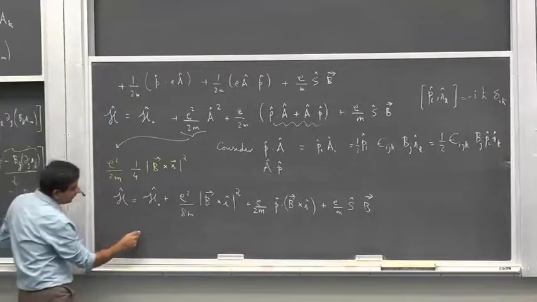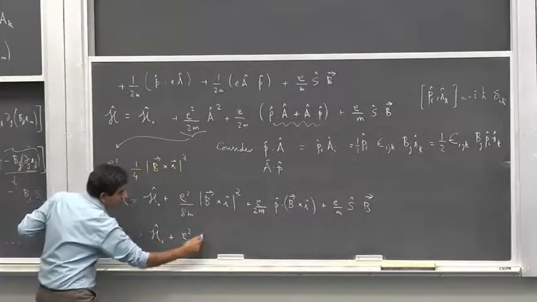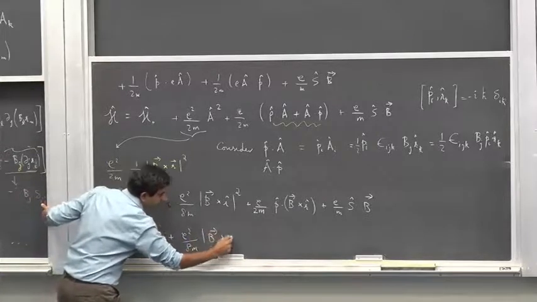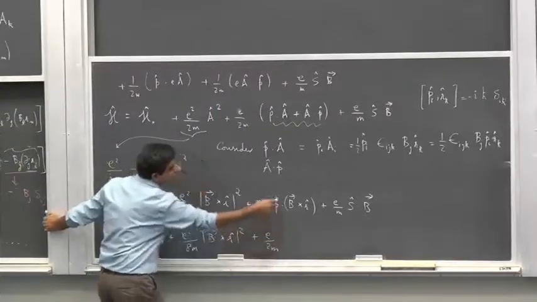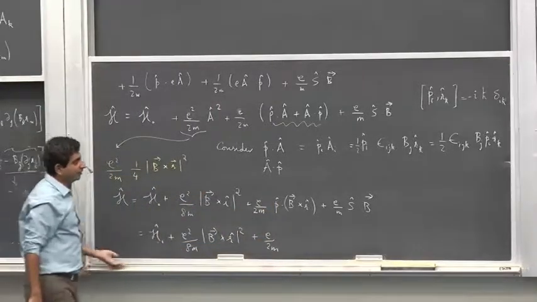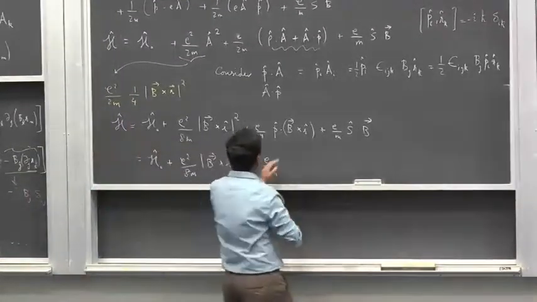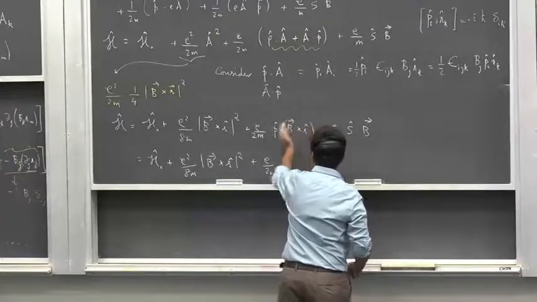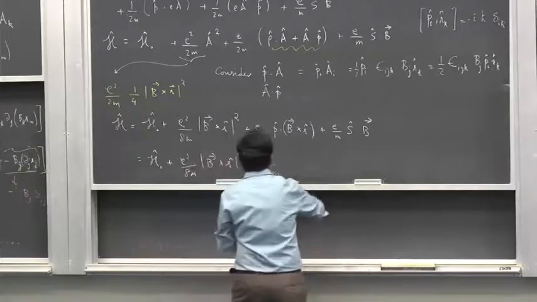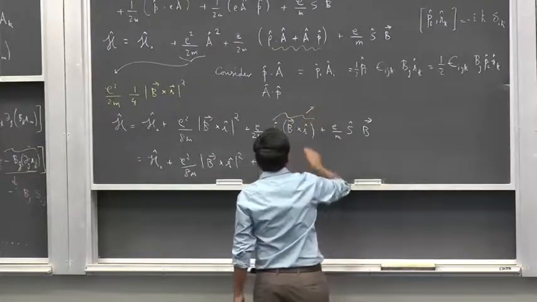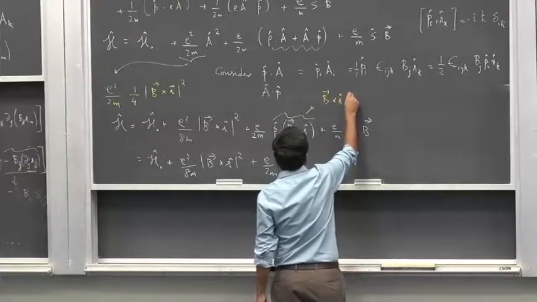This means this equals H naught plus e squared over 8m. This is a purely quantum mechanical calculation, plus e over 2m. Now I can use the properties of the vector identities. What I could do is take B to the back: I can write this thing as B crossed with r dotted with p.